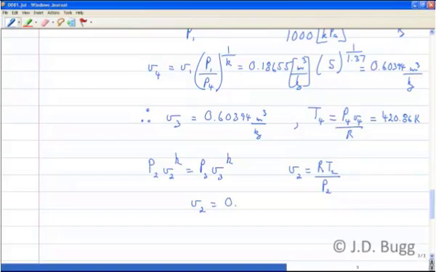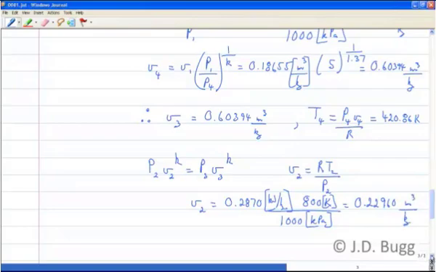So V2 is 0.287 kilojoules per kilogram, T2 is 800 Kelvin, P2 1000 kPa. So V2 is 0.22960 meters cubed per kilogram.